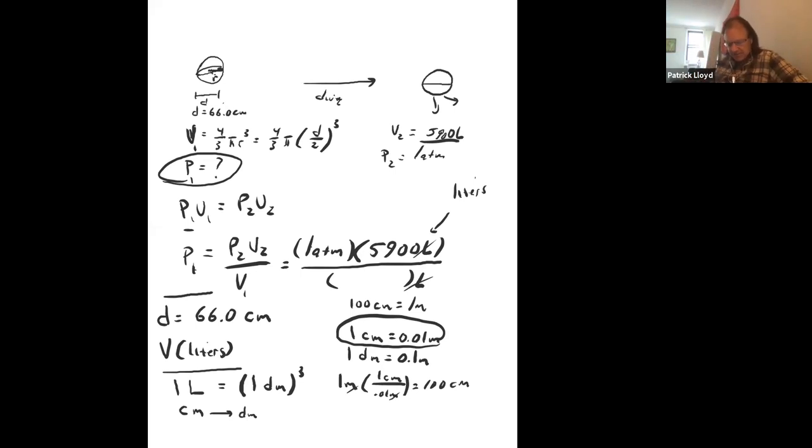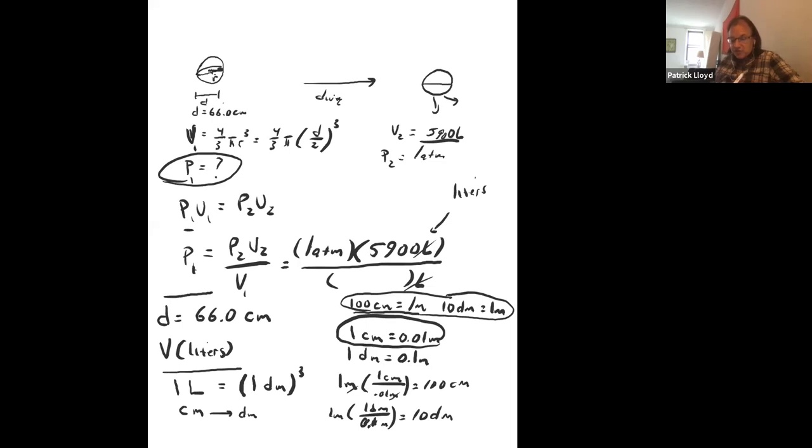Now, what about a decimeter? Well, if I say a meter and 1 decimeter is 0.1 meters, then you get 10 decimeters. So in other words, 10 decimeters equals 1 meter, okay? So 100 centimeters equals a meter, and 10 decimeters equals a meter.